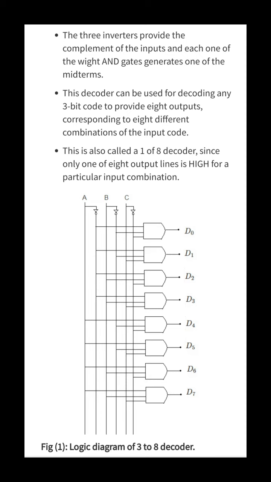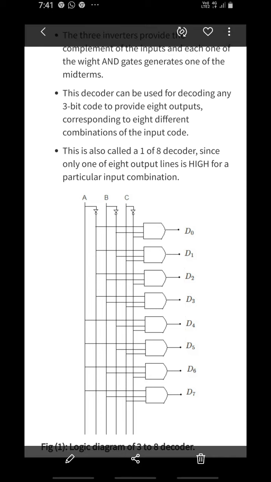So here A, B, C are the inputs and their complements are A bar, B bar and C bar. You can simply take a NOT gate and draw another extra gate. So D0 means A bar, B bar, C bar.